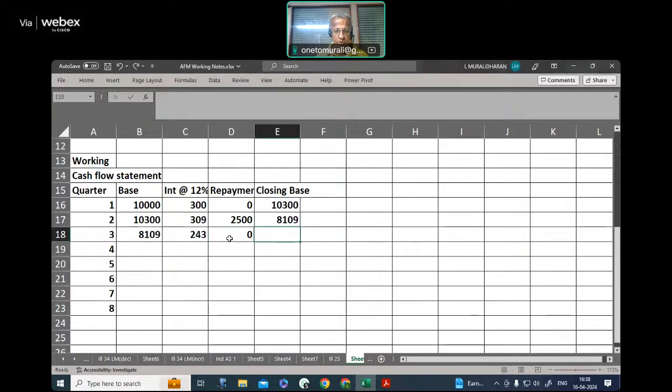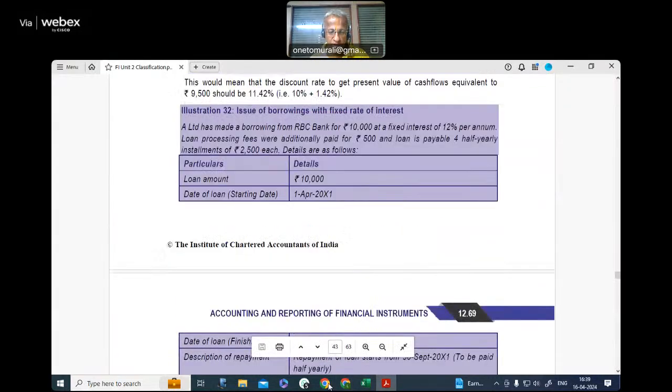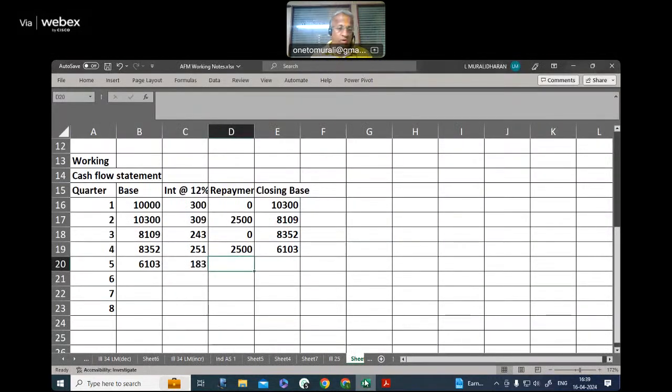Here it is going to be 0 because every half yearly, principal will be paid, 2,500. Correct. The illustration is 32.